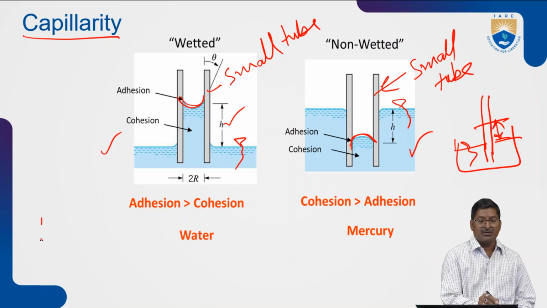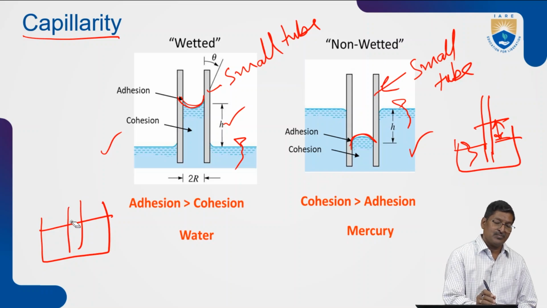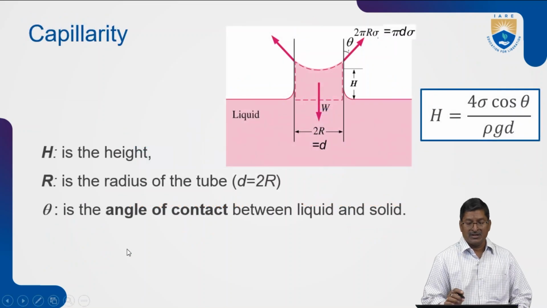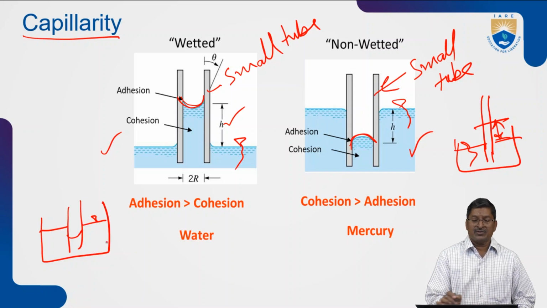So those will not rise, the opposite. So this is the actual surface and this is here. So it is falling. It is the actual surface, but the surface is different. So these two are called capillary rise and capillary fall.